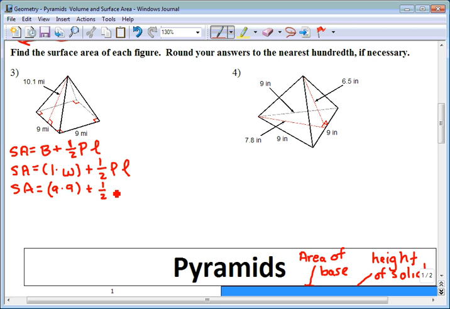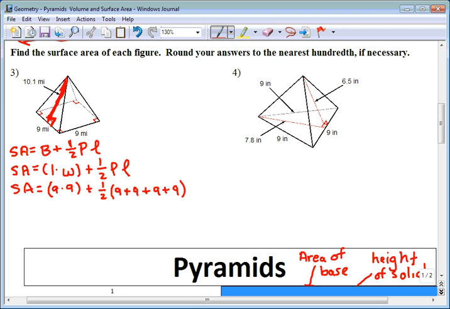We have 1/2 times the perimeter. Perimeter is always just adding all the sides together. Well, it's a square, so it has 4 sides, and they're all 9. So 9 plus 9 plus 9 plus 9. And then our slant height, as you can see, is a little different than the height that we had when we were dealing with volume.